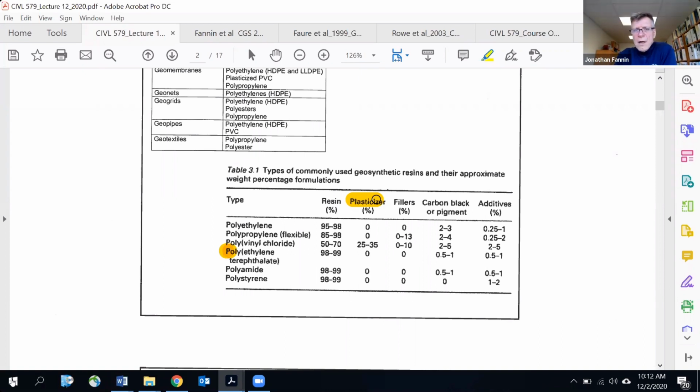There may be fillers of various sorts added, primarily to assist with the processing of it, additives to assist with handling. Carbon black is a UV inhibitor.